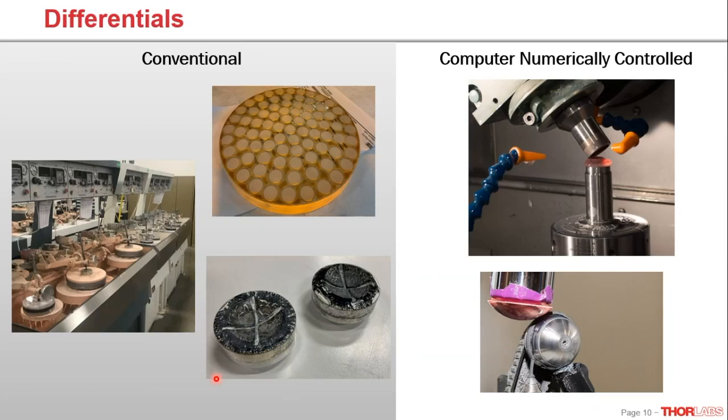Both production methods find use on the Thorlabs production floor and are seen in the products we provide. And a quick peek at some of the CNC images here as well.